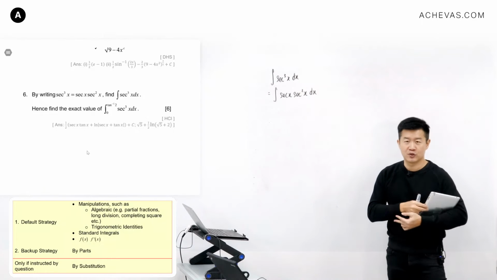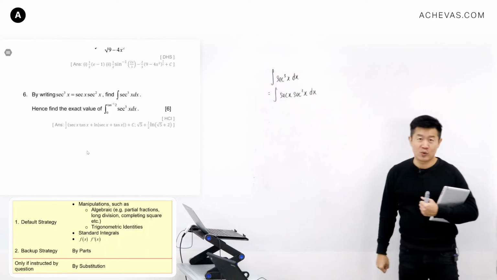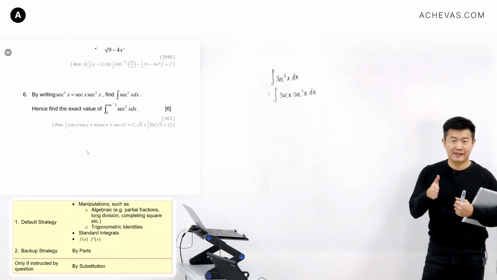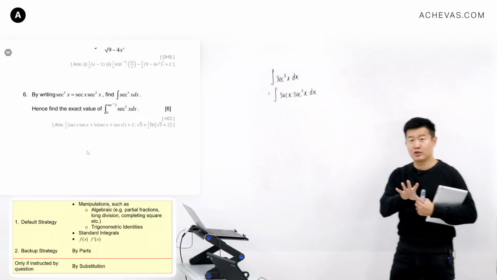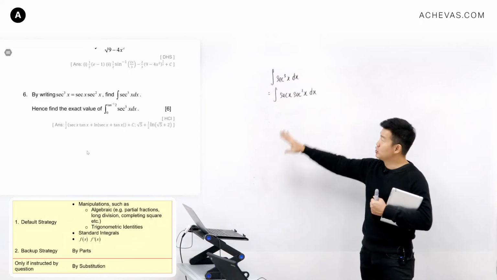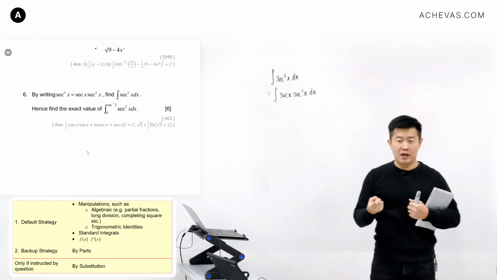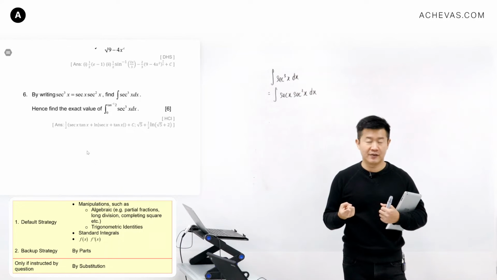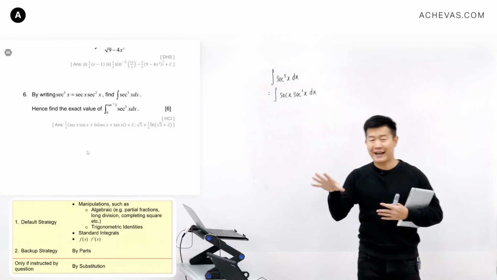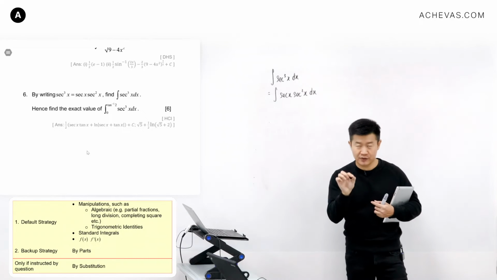What I tried was to re-express secant square x into 1 plus tangent square x, because that's what I thought I should do. According to our default strategy, we should try to apply some trigonometric identities if possible. My aim was to re-express it such that it becomes one of the standard integrals.